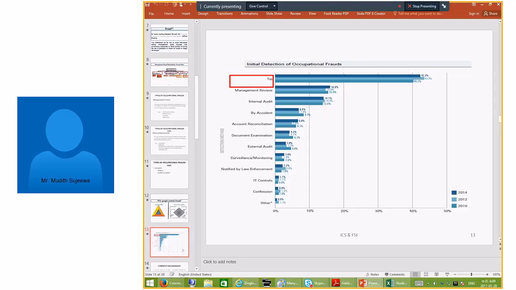Right. Yes? Okay. Yeah, that protection should be there, otherwise nobody is going to give a tip. That protection should be there. So likewise, for companies, do you find that type of tip system?